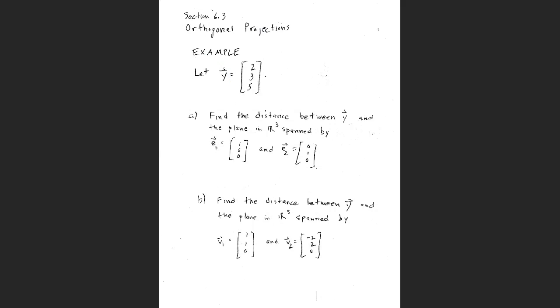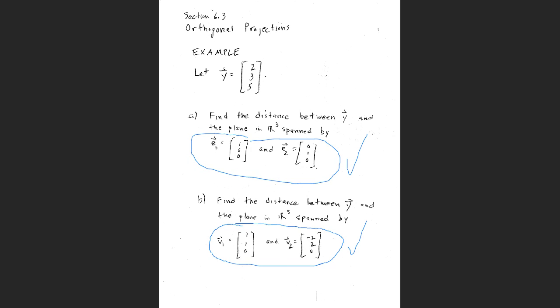Let me go back here. Here's E1 and E2, and here's V1 and V2. W1 is the subspace spanned by E1 and E2. W2 is the subspace spanned by V1 and V2. But why are the subspaces the same?